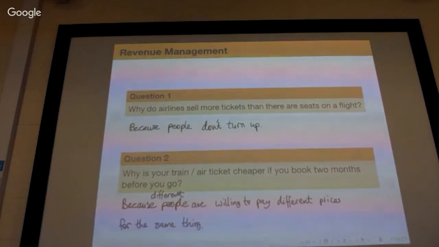If you set the price low, then you're missing out on the money that you could earn from the people who are willing to pay more. If you set the price high, then you don't sell enough. And the goal is to try and make people pay different prices somehow. So these are two basic examples of the revenue management that is going on in the world.